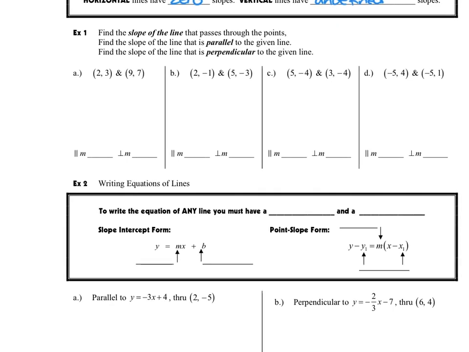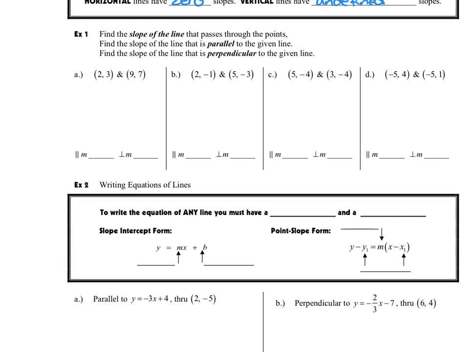Let's look at a couple examples, and I am going through this very quickly, so if slope was something hard for you, you might need to pause this and reflect on these calculations a little bit more. All right, looking at example 1a here, calculating this slope, I'm going to remember rise over run, so I'm going to work with my y values first. I'm going to choose to do the 7 minus 3 just because that keeps my numbers positive.